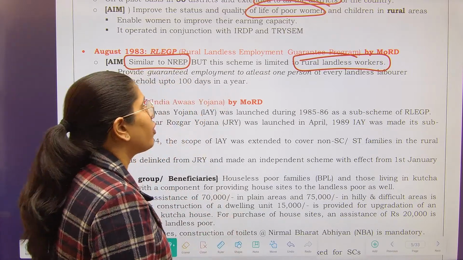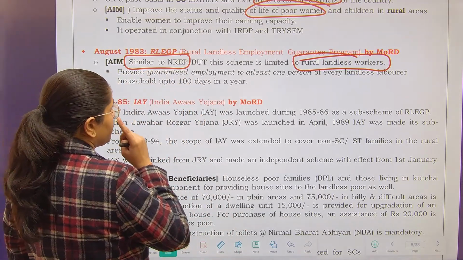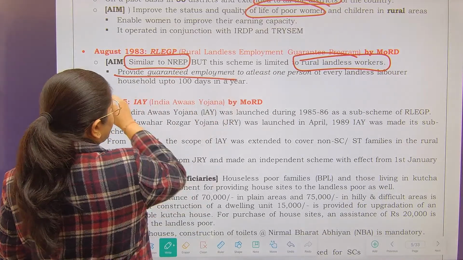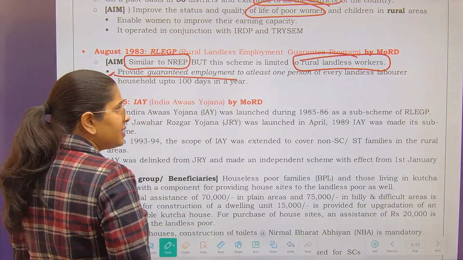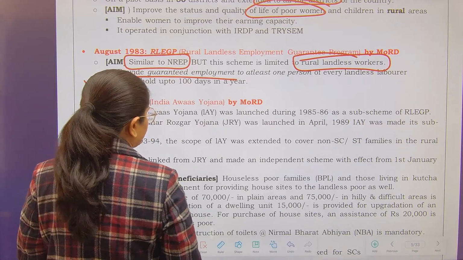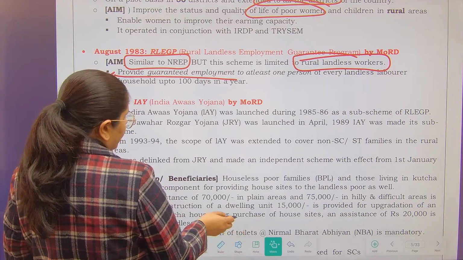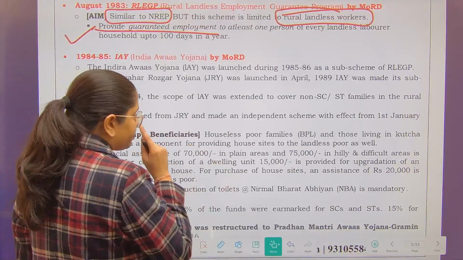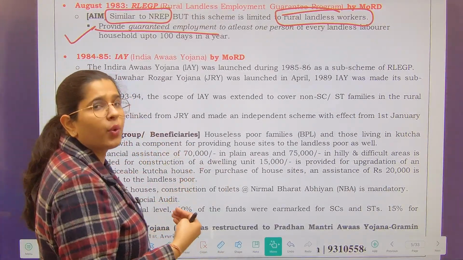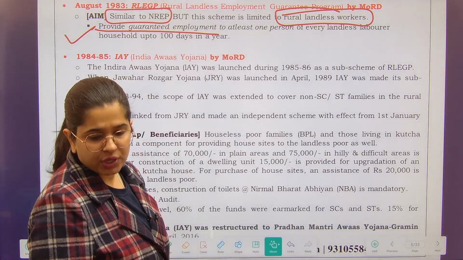So hence there was a separate scheme launched for these people, and the scheme said that we are going to provide guaranteed employment to at least one person of every landless labor household up to 100 days in a year. Again, a provision which we are going to see in our MG Narega.